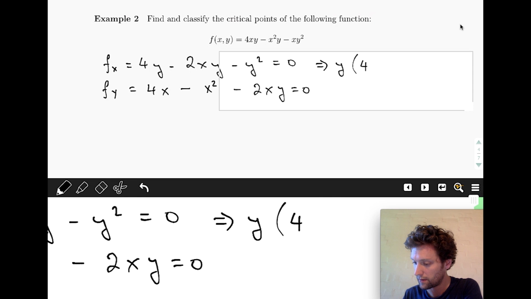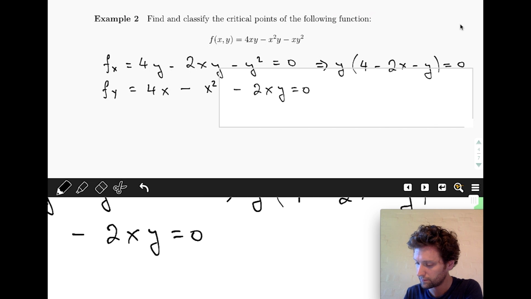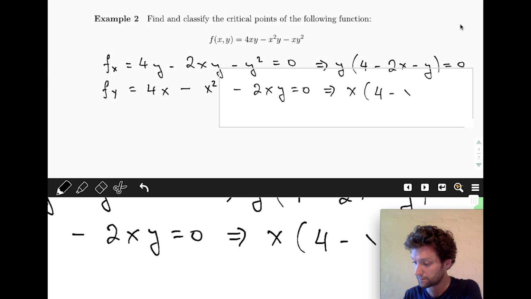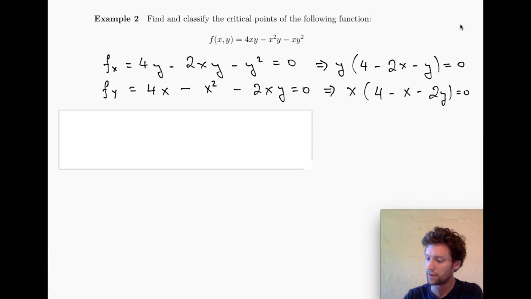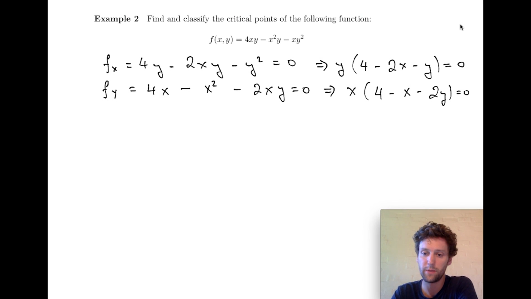That leaves me with 4 minus 2x minus y equals 0. Likewise, for the derivative with respect to y, taking out a common factor of x, the other factor is 4 minus x minus 2y, and that all equals 0. So now I've got these two equations to solve simultaneously. I want to find solutions that satisfy both of those equations.